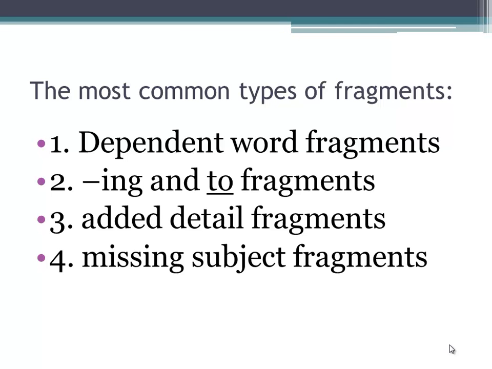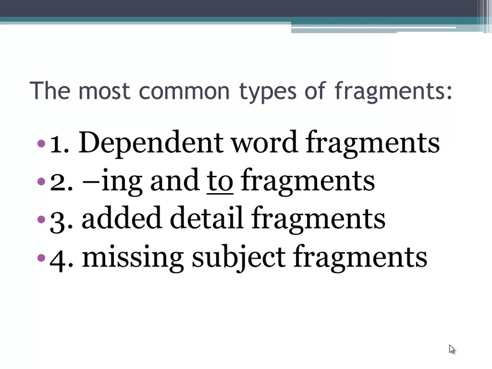These are the most common types of fragments. Dependent word fragments, meaning they're missing the subject or they're missing a verb. Then you have ing and to fragments. So, ing, what type of words or phrases do we say ing? Remember that little word down here. That's what we call a gerund phrase. So ing words are gerund phrases, and they need more added to them to make them full and complete sentences.